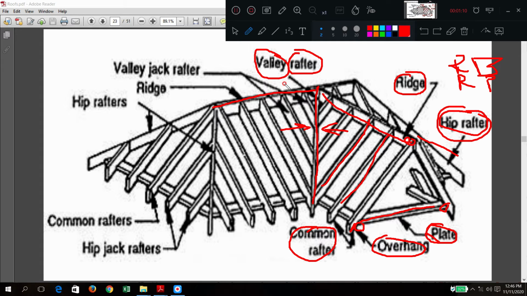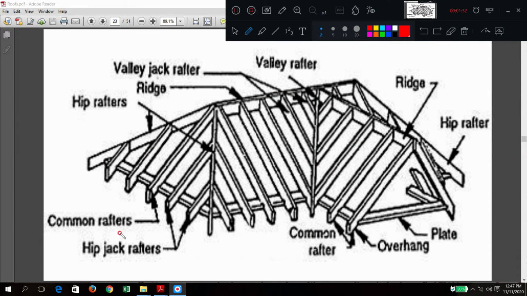I hope it is okay now. Wherever there is an extreme edge portion, we call it a hip, and the rafters present there are called hip rafters. Again we have some common rafters, from top to bottom.